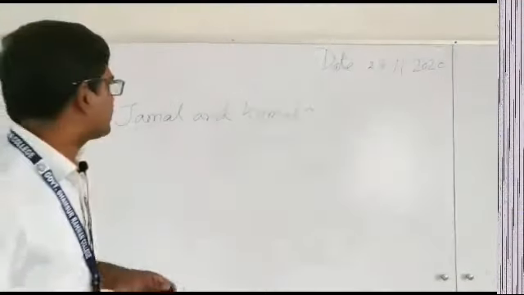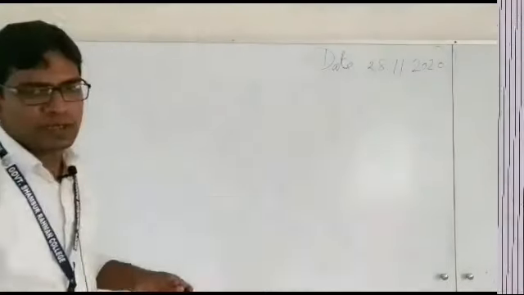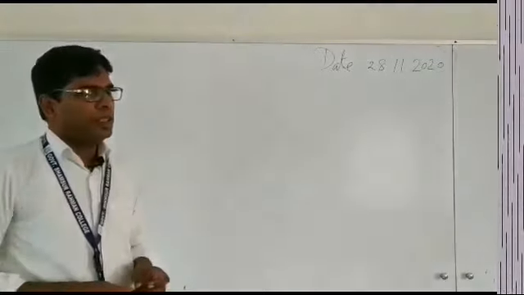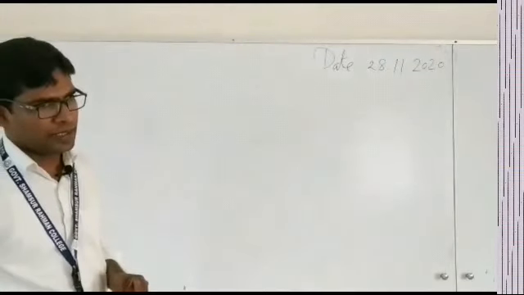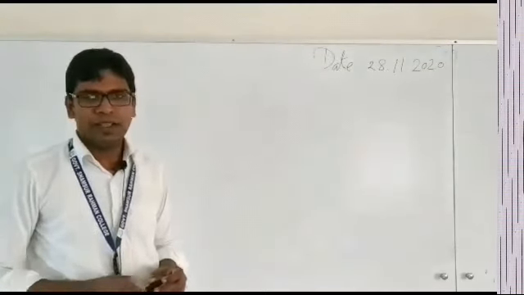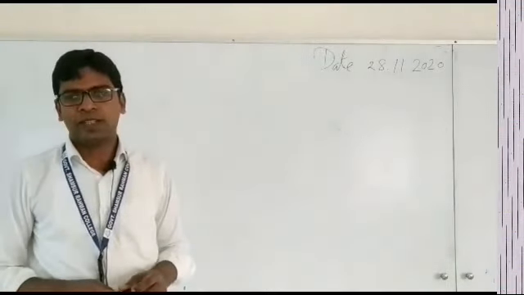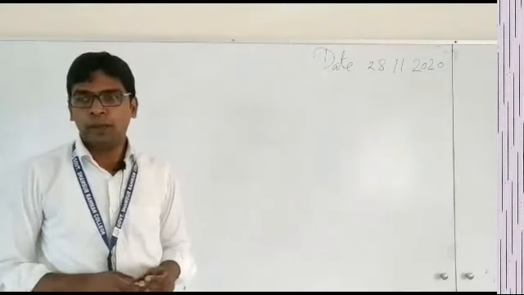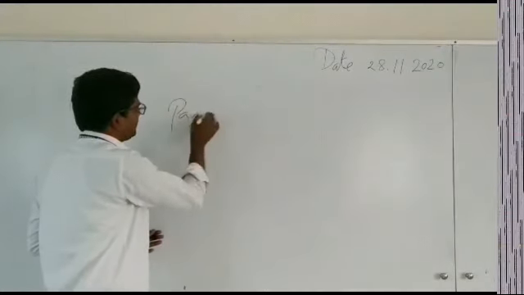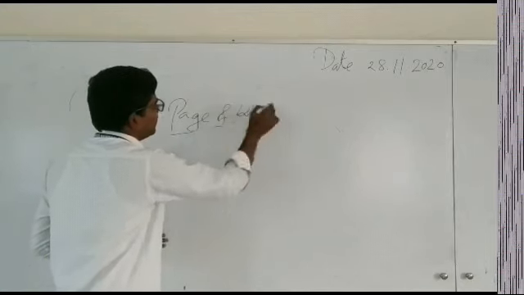Now, students, in case of any object, that means a lifeless thing, the thing that has no life, if we want to make the lifeless thing possessive, we cannot use apostrophe s. That time we have to use of. Suppose, page of book.